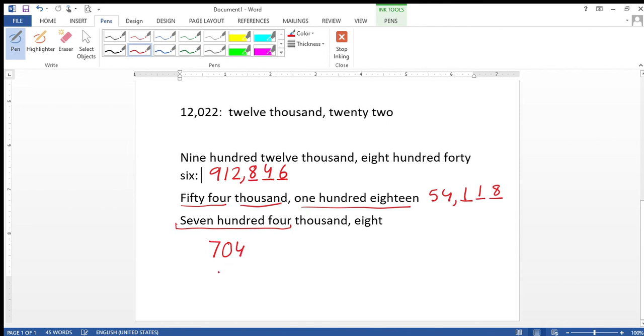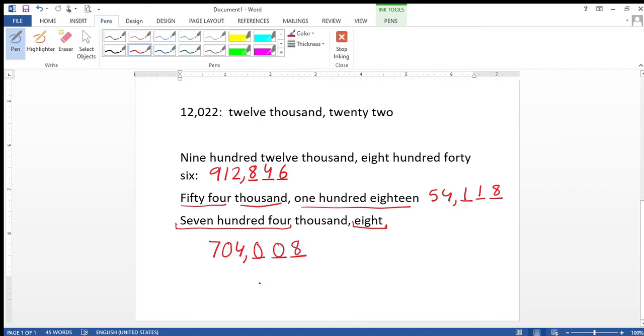This is how we write 704. Now for the thousand, we put the comma. Now we look at the second group. The second group must have hundreds, tens, and ones. Are there any hundreds here? No, I will put a 0. Are there any tens here? No, I will put a 0. Are there any ones here? Yes, there's an 8. So I will put an 8 here.